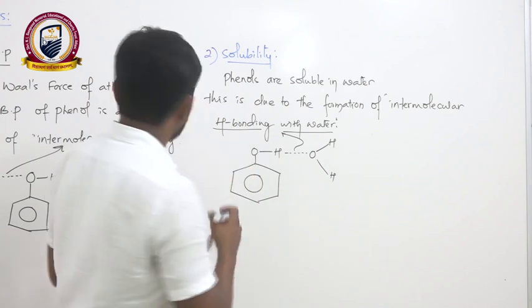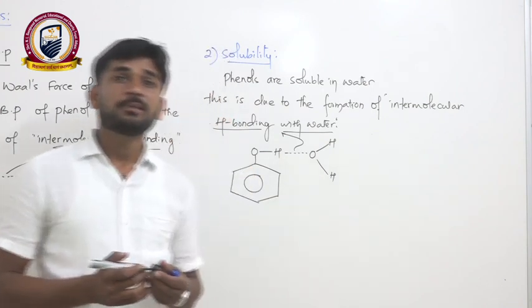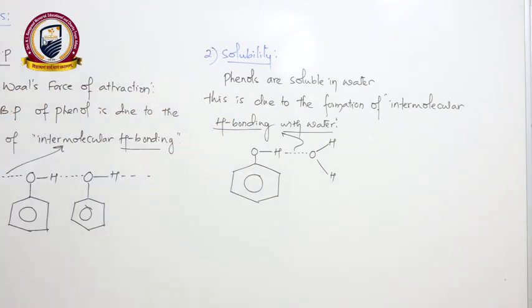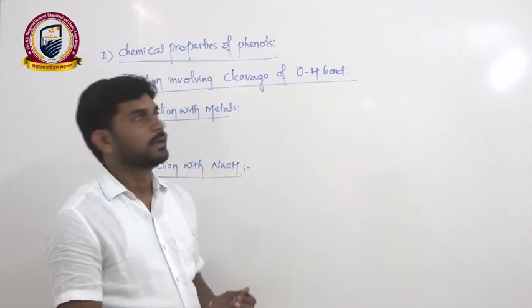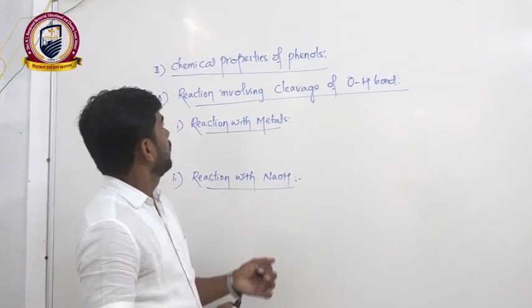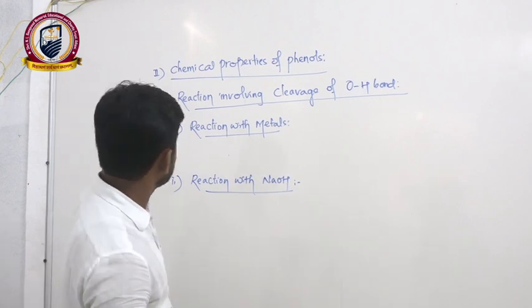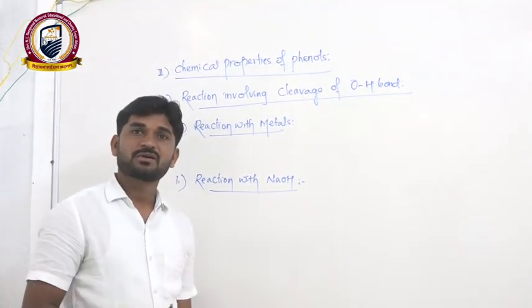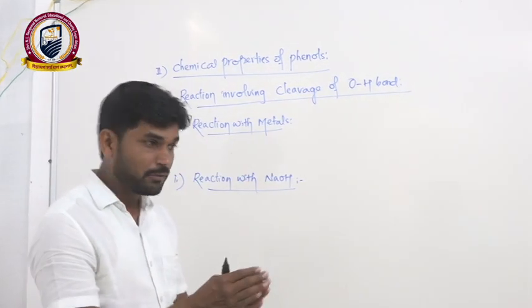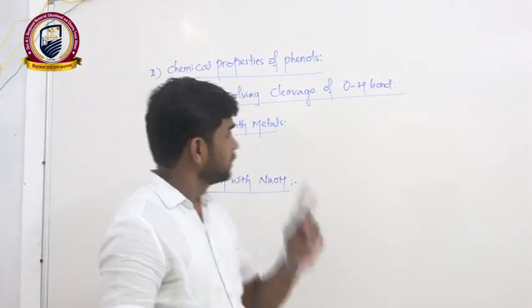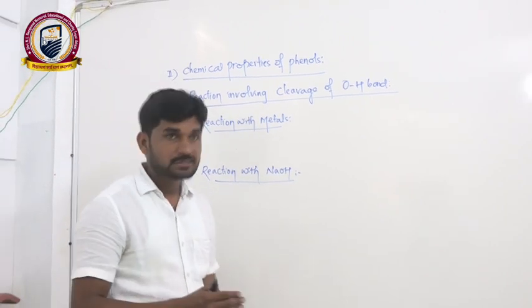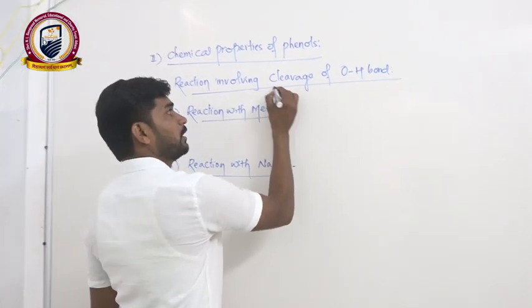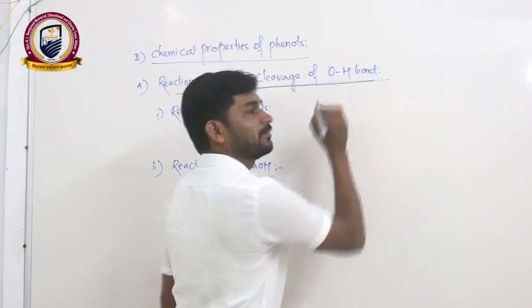So let us move on to the next property, chemical properties. In the chemical properties of phenols, we have to discuss certain different chemical reactions. The chemical reactions of phenols are due to the breaking of certain bonds. The first chemical reactions of phenols are due to the breaking of the bond between oxygen and hydrogen.